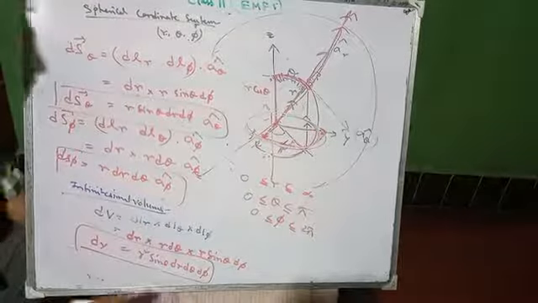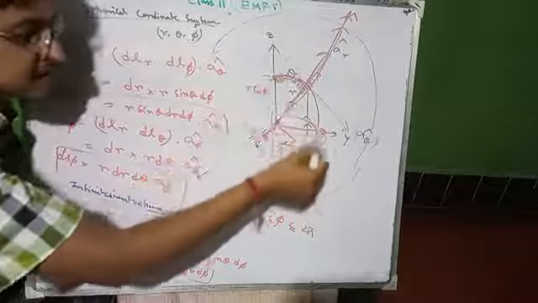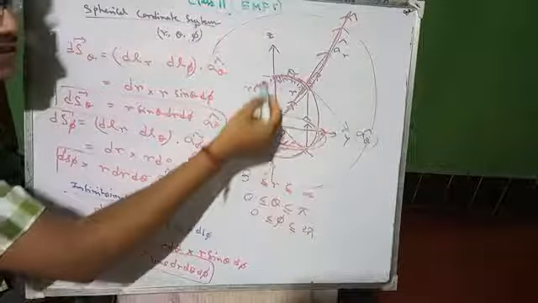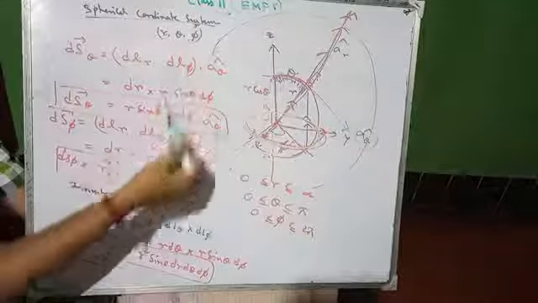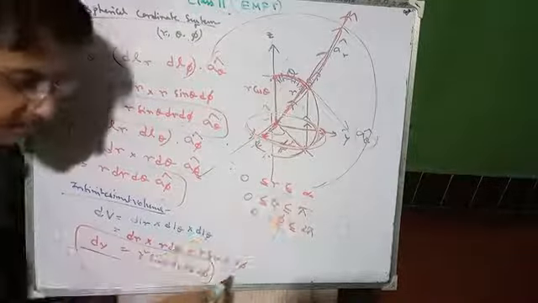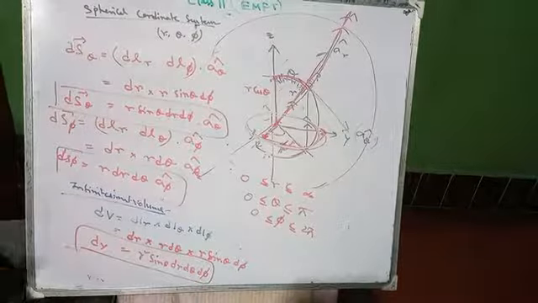Throughout the xy plane phi can move, but theta can only move in the positive direction of this plane. It never goes to the negative side. So that's why it is 0 to pi only. And r is always positive because it is a radius. Radius cannot be negative.